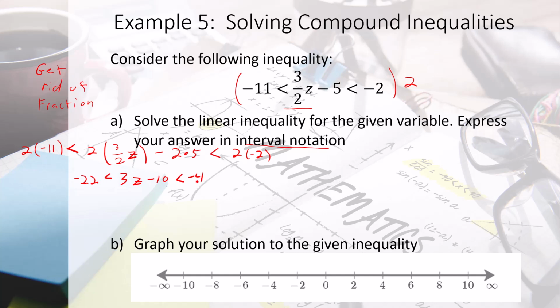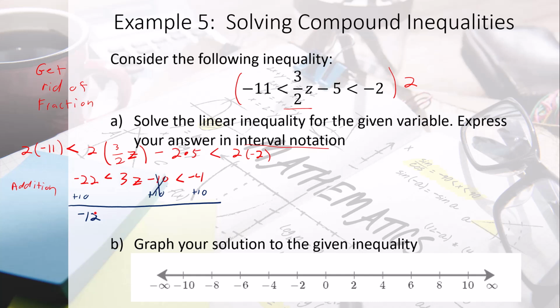Now we need to do some addition to get the term of z by itself in the middle. We're going to use the addition property of equality, and specifically we're going to add 10 to make this go away. If we're going to add 10 here, we need to add 10 here, and we need to add 10 here. Using vertical addition, negative 22 plus 10 is negative 12.